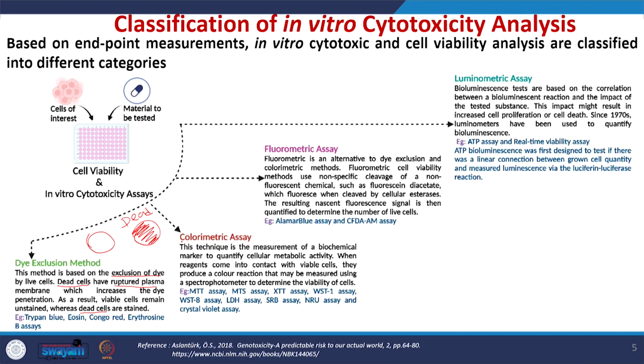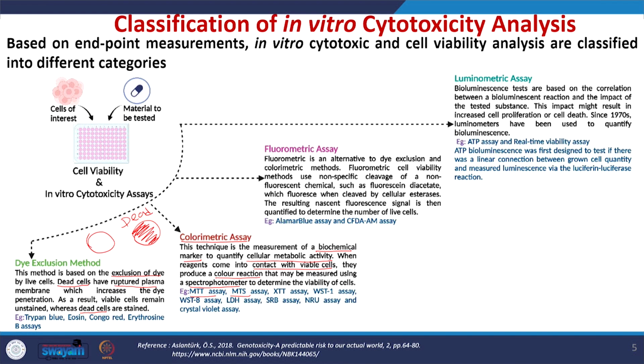The next assay is the colorimetric assay. This technique is measurement of a biochemical marker to quantify cellular metabolic activity. When the reagents come into contact with viable cells, they produce a color reaction, and the color can be quantified using a spectrophotometer. Some examples for this assay are the MTT and MTS assays.